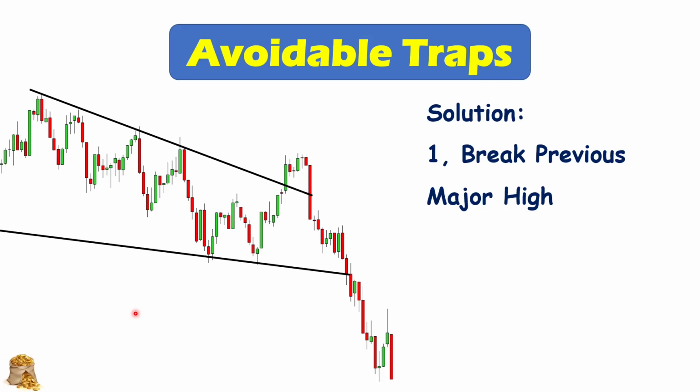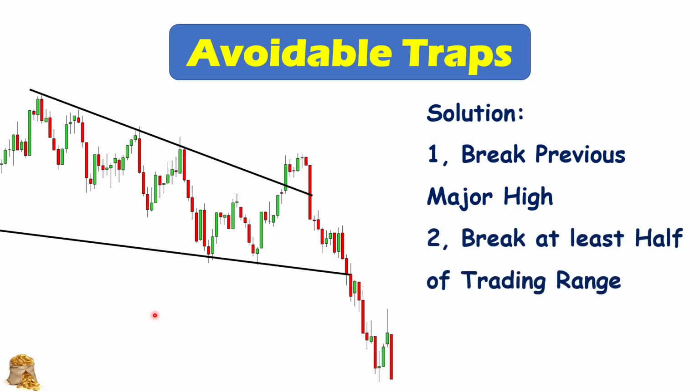The second option is, if there's a trend line from the other side of the trading range, then we can use the width of the trading range as the measurement. For example, here we have this trading range, and then we measure from the top of the trading range to the bottom of the trading range. This is the width.